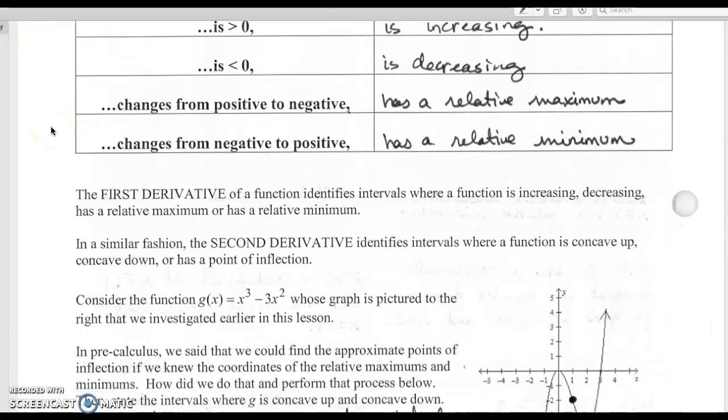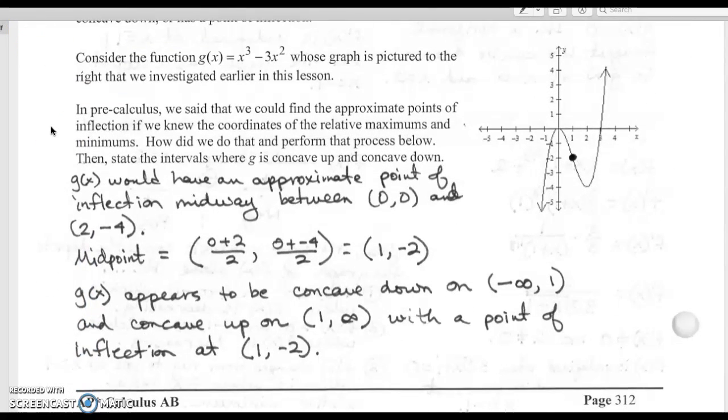Actually, I'm going to remind you of what we did in pre-calculus, but then I'm going to quickly forget about this, so don't feel the need to write this down. We're going back to the graph of g, and you may remember in pre-calculus that we talked about inflection points and how inflection points happened halfway between relative extrema.